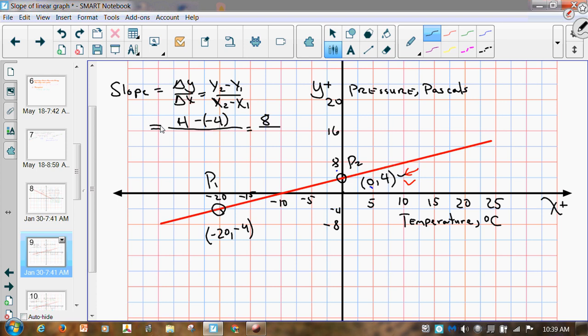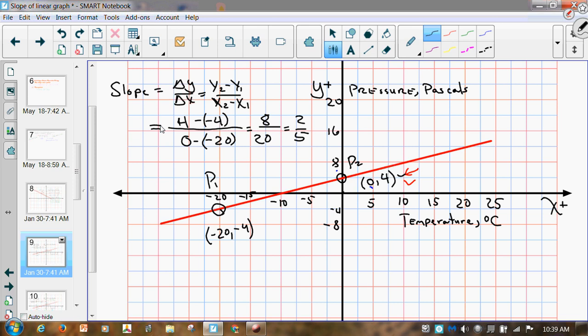And then we have the x value of 0 minus a -20. So that gives us a +20, which, if you remember, gives us 2/5, which we could, if we wanted to, round off to 0.4 as a decimal. But for the purposes of calculating our equation, let's just leave it as the fraction 2/5.